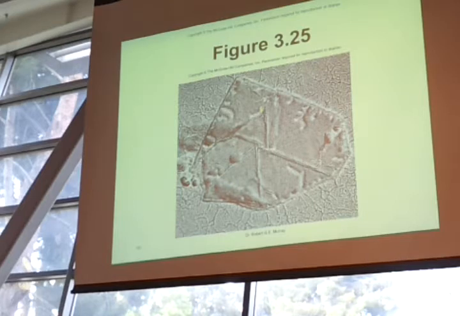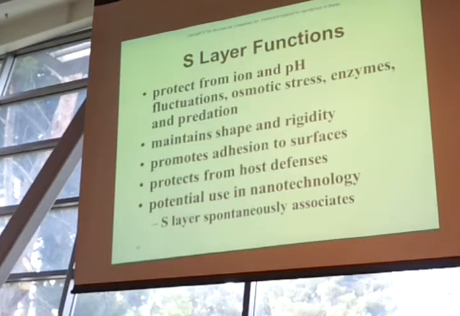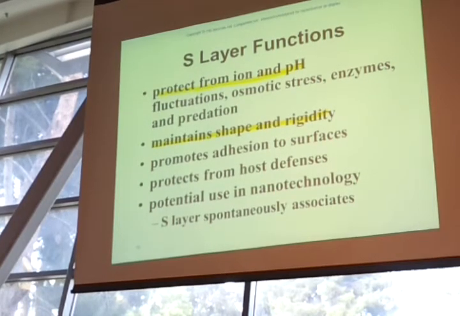It's kind of like this: it lets certain sizes in and certain sizes out. So it's very protective. And in the archaea, it's something that actually can give structural support as well. So you see again, protection, maintain shape and rigidity, especially in those cells that don't already have components that do that.